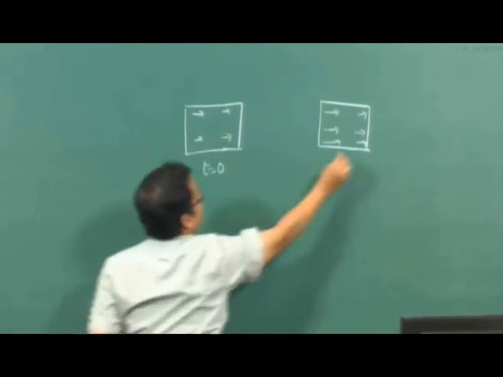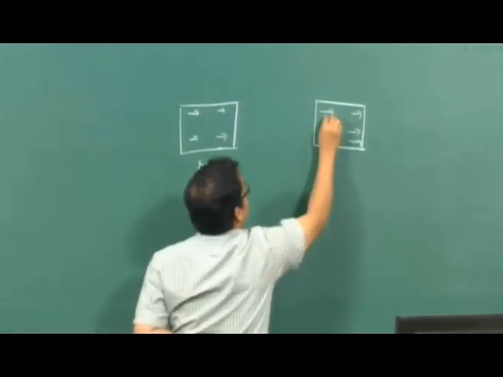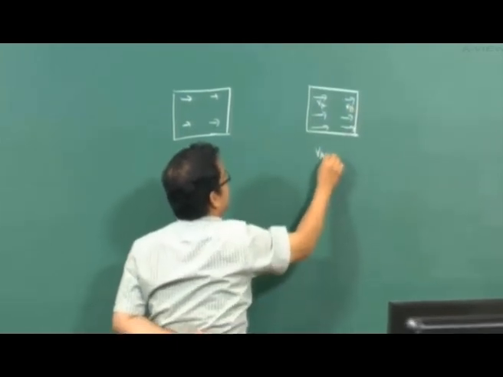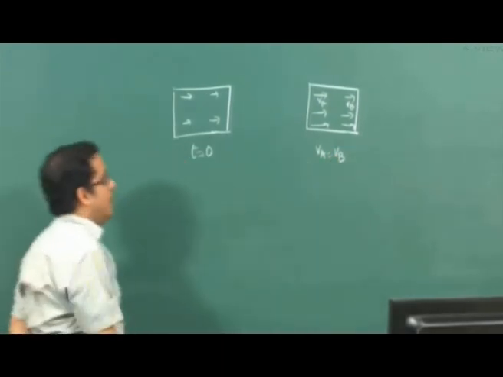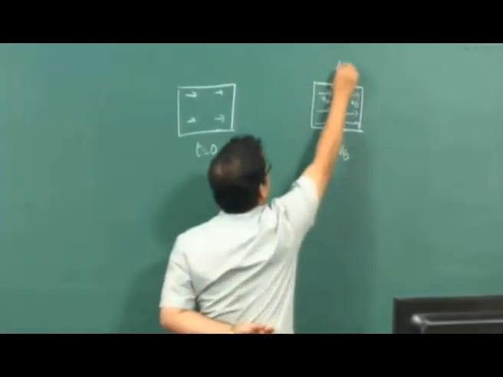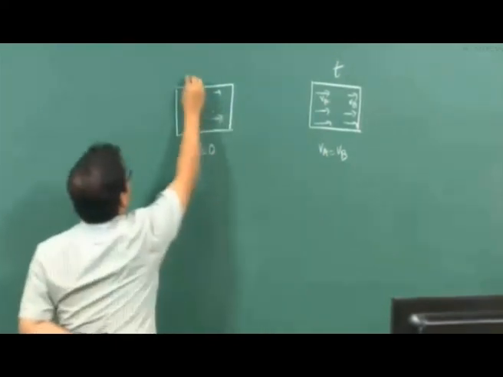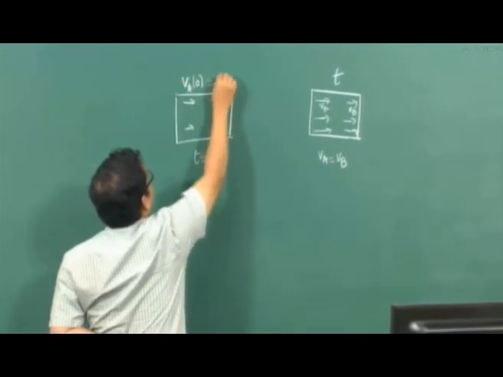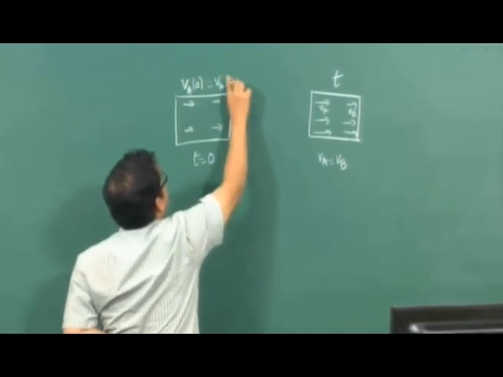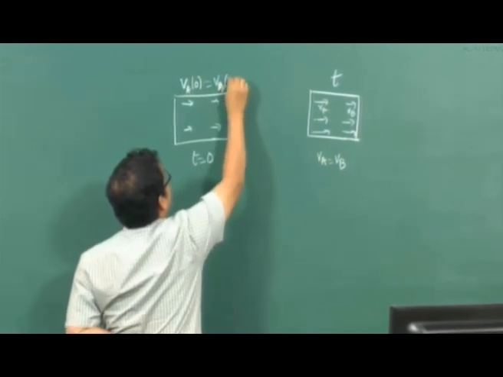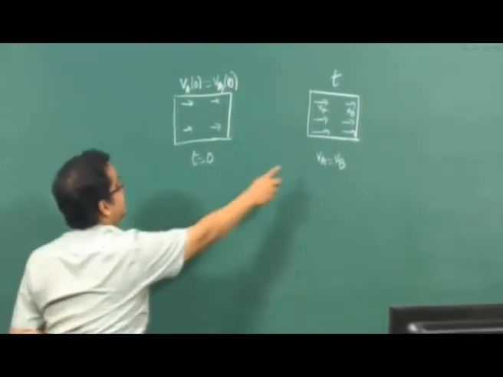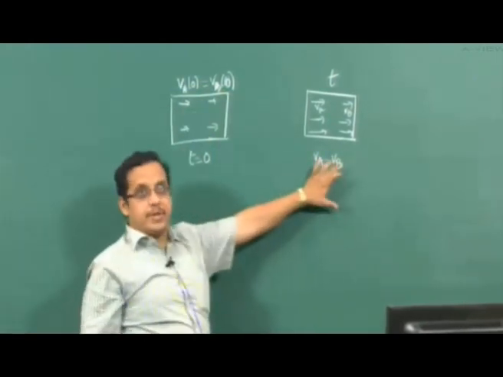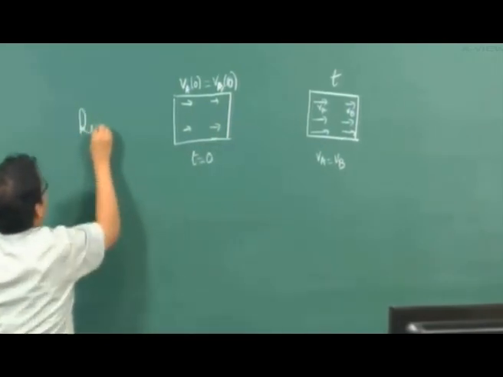This may be small, this may be large, but all points are the same. So always VA equals VB at a later time. And here you have, let's say, VA0 equals VB0. There is no reason that VA0 has to be equal to VA, but VA has to be equal to VB.